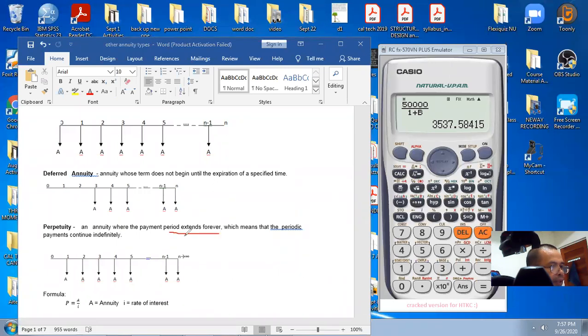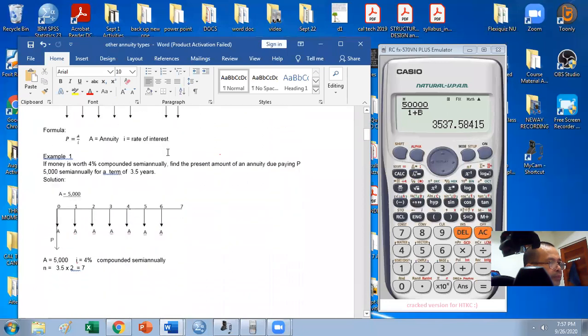Extends forever. Like for example, in SSS, yan, extends forever. Periodic payment, continue indefinitely. Okay? Yung formula nito, hawig lang din sa ordinary annuity, kaya lang gagawa tayo ng diskarte kung paano magamit yung formula ng ordinary annuity.